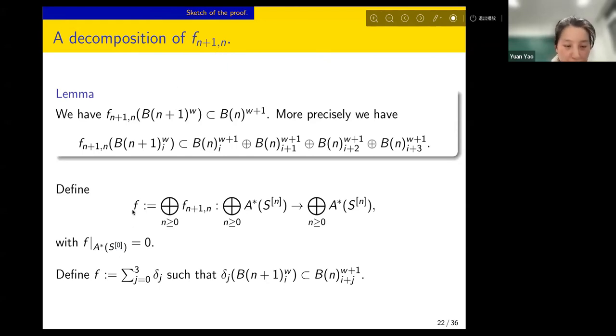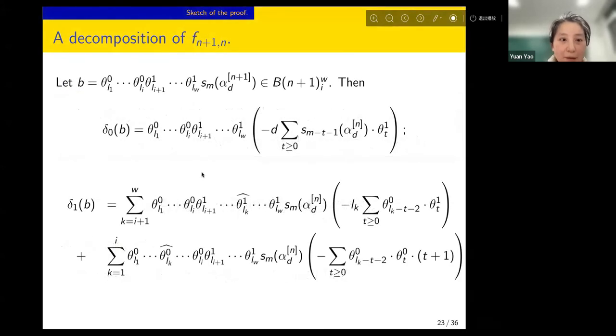So maybe I just say F. We want to do this F again and again, and we did a decomposition. We can write explicitly how they act. A bit complicated. When you do the hat, you mean you erase this term. So delta 0, you just add one theta up 1, right?